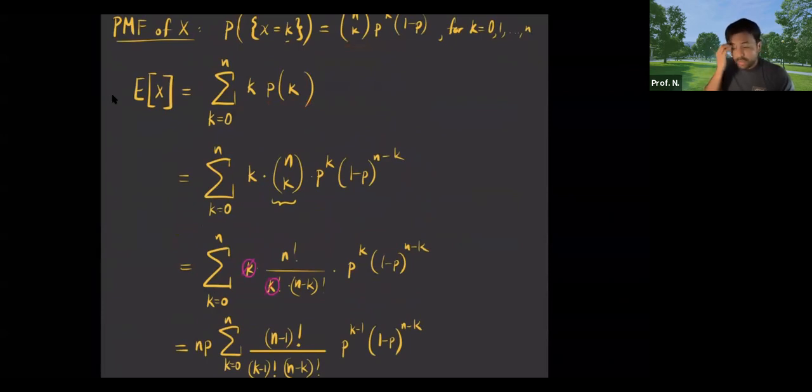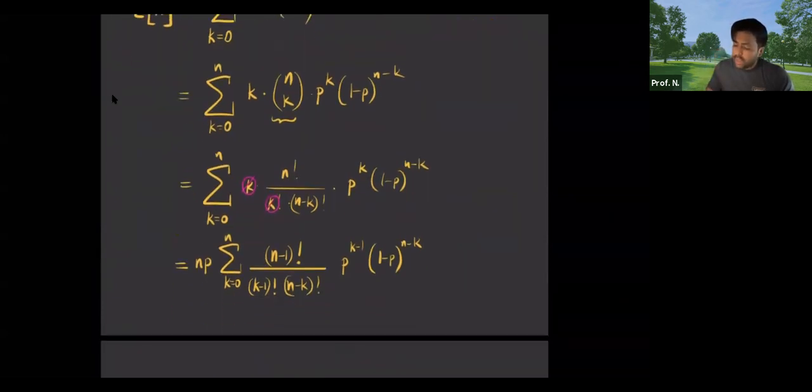It would be given by this expression here. I've unpacked the definition of a binomial coefficient using its factorials. I canceled out one of the k's. I'm left with the k minus 1 factorial. I factor out one of the n's out of the summation because each of these has an n associated with it. And I factor out one of the p's. So I got a p, an n and a p outside of the summation. And I'm left with this inside here.